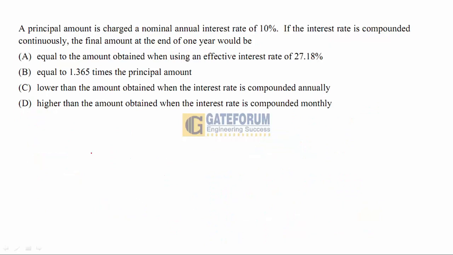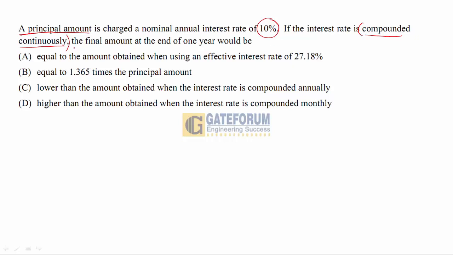So what this question is saying is that a principal amount is charged a nominal annual interest rate of 10%. If the interest rate is compounded continuously, so this word is very important for us. Actually, till GATE 2020, no question from this concept has been asked, but in GATE 2021 it came from this concept of continuous compounding.